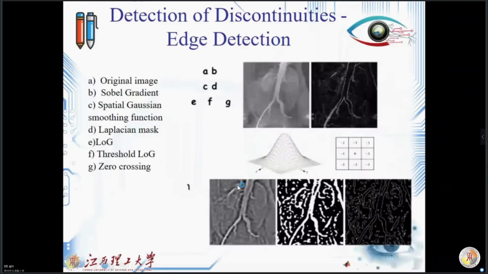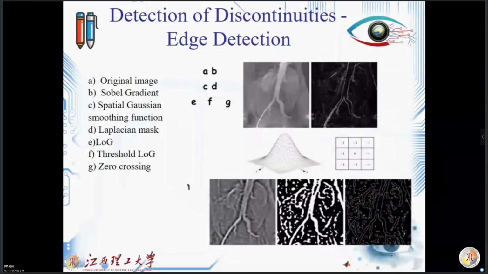Then you see the Laplacian mask, LOG, and thresholding LOG and zero crossing. These are the three effects. You will see that thresholding LOG may be more informative, or it may even remove some parts. But if you want to see that vessel better, maybe it will be more effective for you.